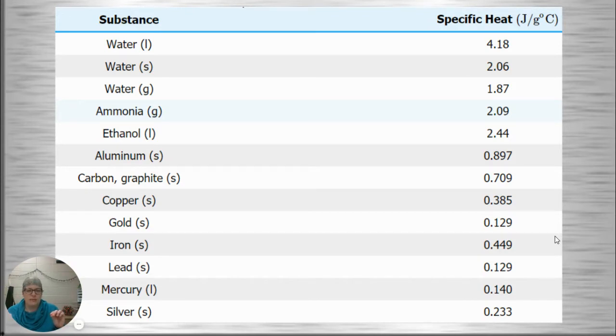So instead of 20 joules, it's going to take around 2 joules to make that same temperature change for iron. So when you have things that have very big specific heats, they take a long time to heat up and a long time to cool down, because you have to take a lot of energy out of them. Things that have lower specific heats heat up really fast and cool down really fast.